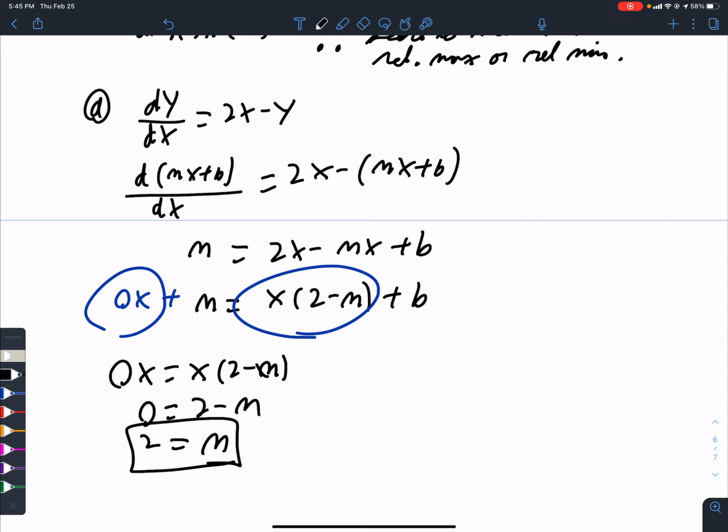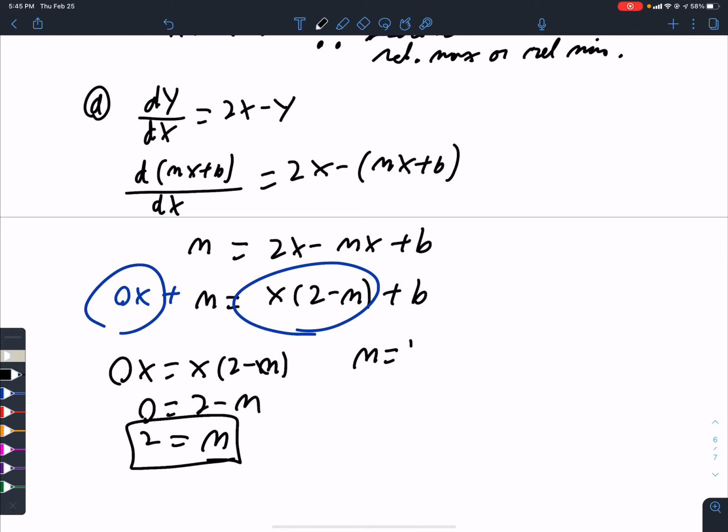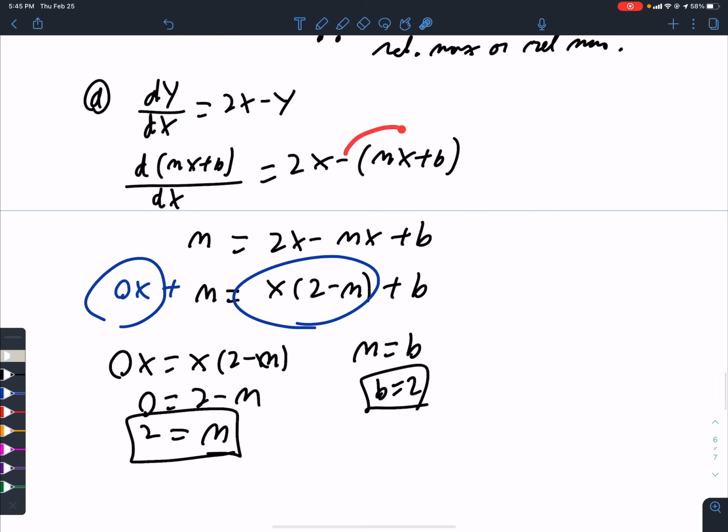Crazy. And then the parts without the x must equal. M must equal b. But what's m? M is 2. So b is 2. I think I have a sign error somewhere here. I do. I'm supposed to distribute that minus.